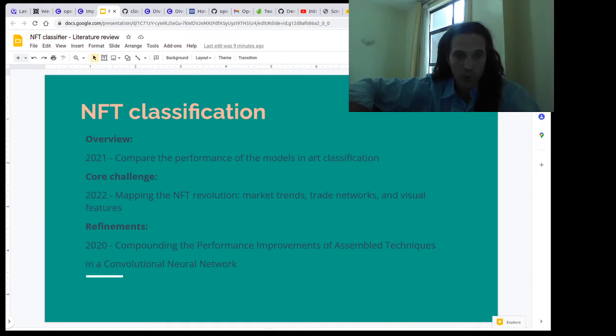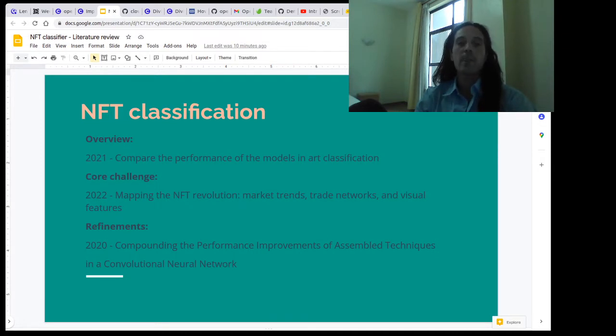You have more on the GitHub, but there are three important articles that we wanted to share with you. The one comparing the performance of the models in art classification as an overview. The one called Mapping the NFT Revolution, which uses different market trends, trade networks, and visual features to predict the values of NFTs.